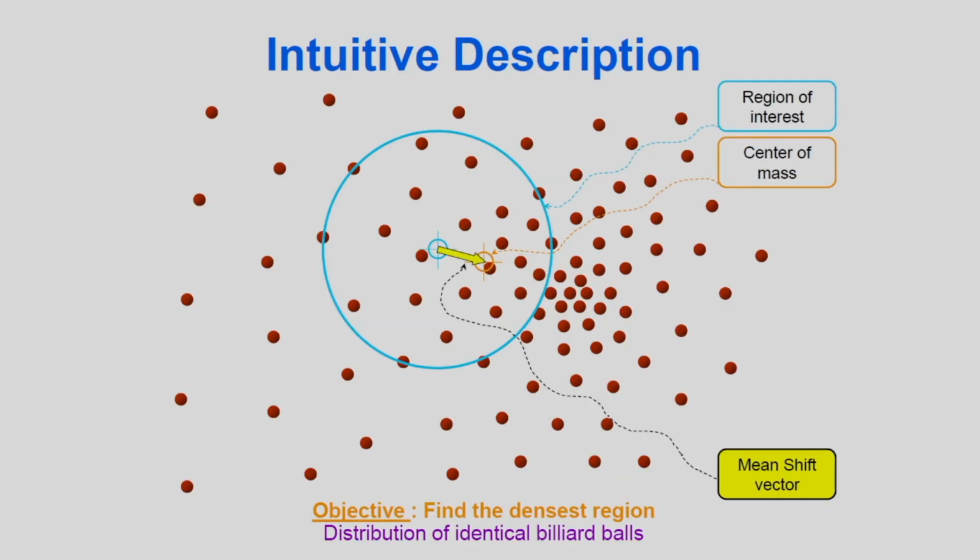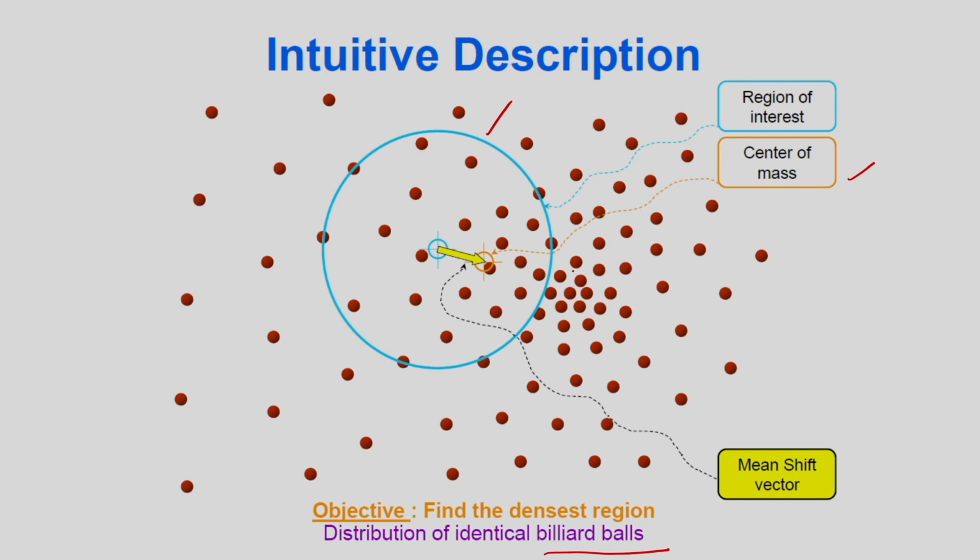Here I am showing some sample points. Here I am considering the distribution of billiard balls, but let us consider them as sample points. This blue circle corresponds to the window, that is the region of interest. Corresponding to this region of interest, we can determine the center of mass, the center of mass corresponding to these sample points within the window.